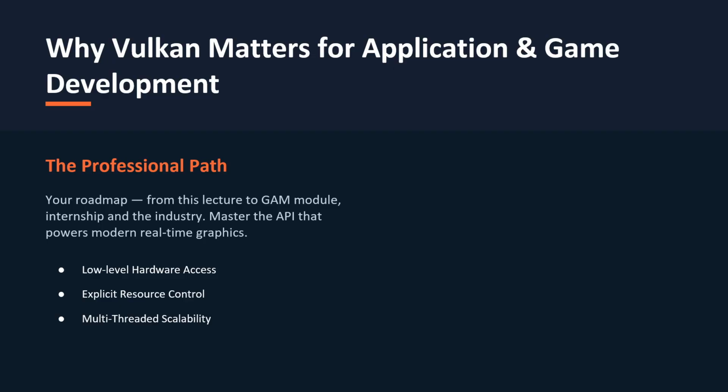Now in this slide, we are trying to answer one of the important questions: why we are learning Vulkan. Okay, so like I mentioned before, Vulkan is not just an API. It provides you direct control of your hardware. You use it for tuning the performance, and for building applications that are truly predictable.